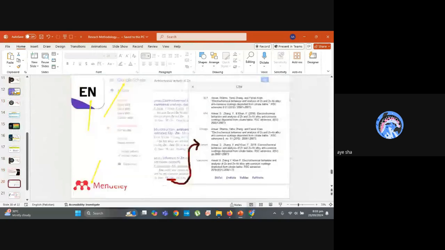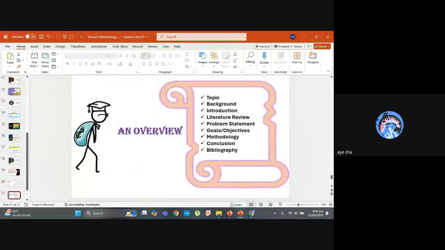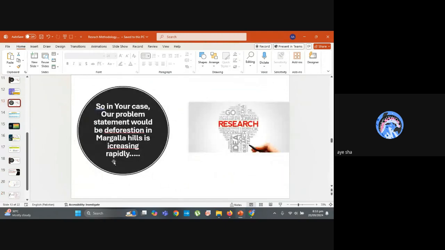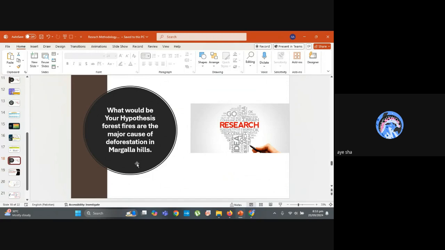Then you will give out the goals and objectives, that what you are going to do. Either you are going to study the effects of deforestation, or you are going to study the causes of deforestation, because we have devised the hypothesis that forest fires are the major cause of deforestation in Margla.